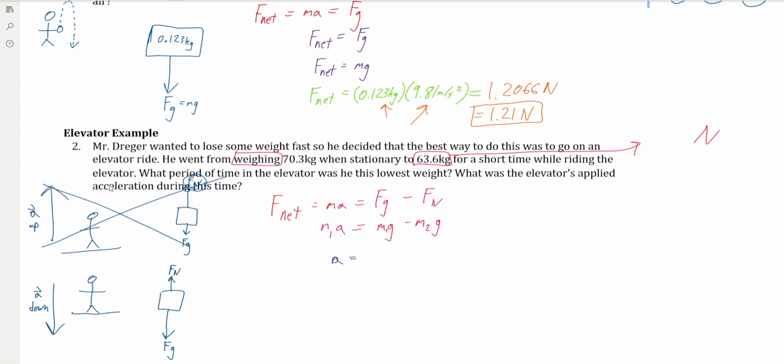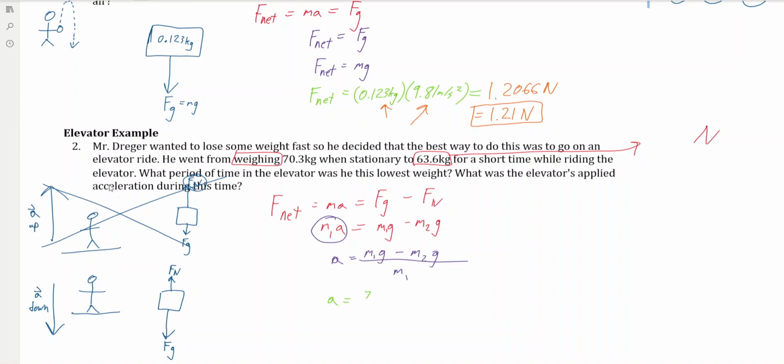I guess you could just solve for the entire thing and call it a day, but this is a better question. So if we're solving for a, then we're going to divide by m1 on both sides. Okay, and so now what we can do is, I mean that's probably fine right there. So now we're going to plug this into our calculator.